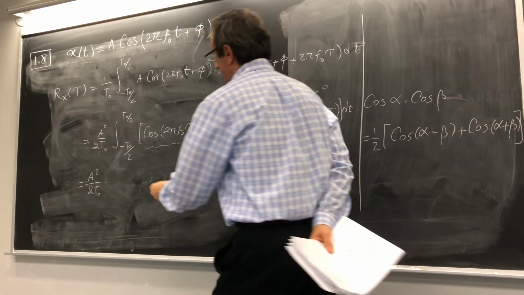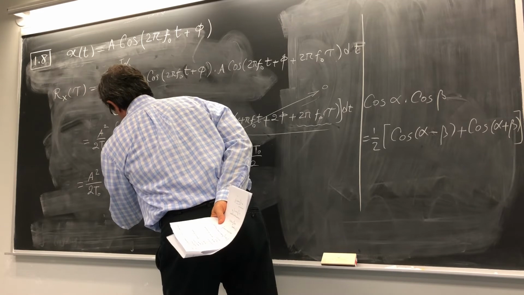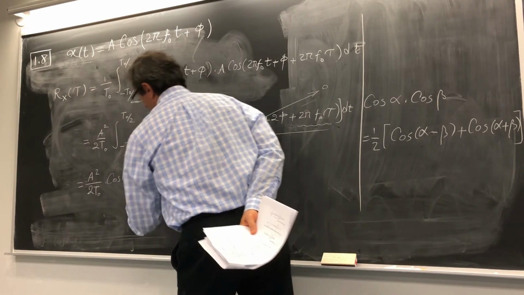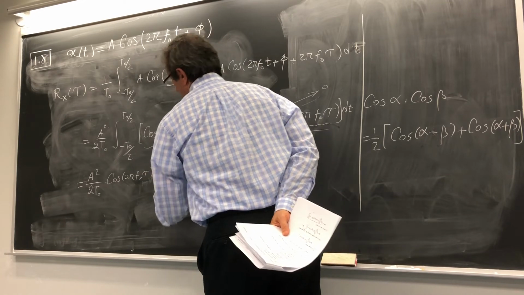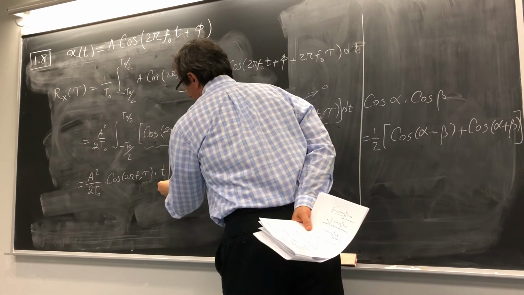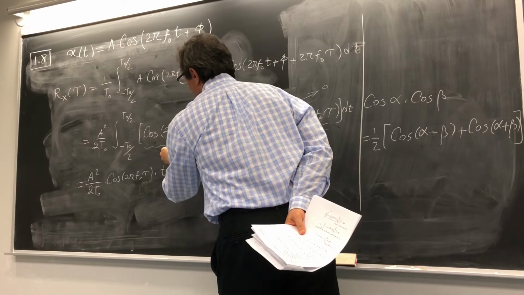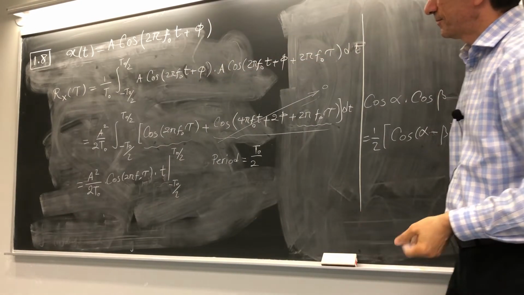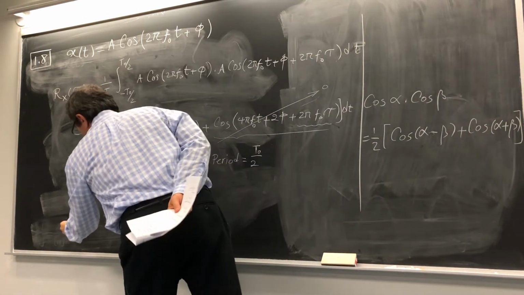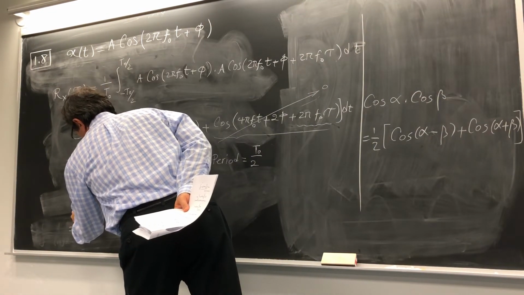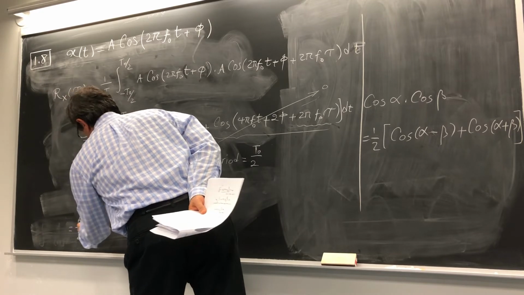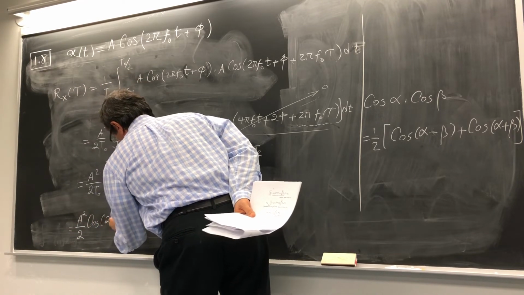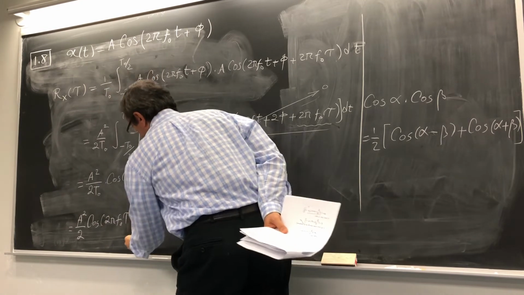So we've got this one times t from negative T naught over 2 to T naught over 2. So we're going to have A squared over 2 cosine of 2 pi f naught tau.